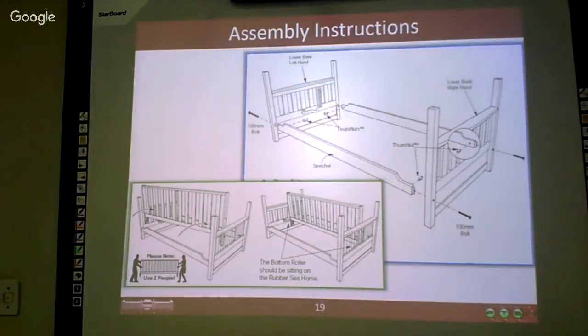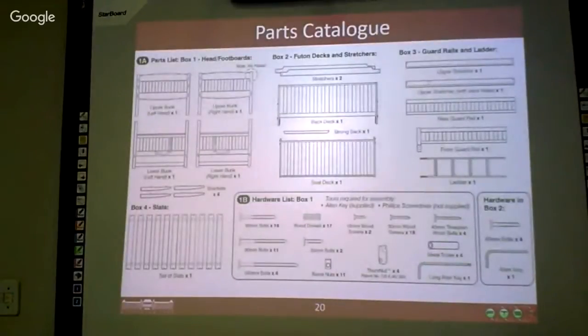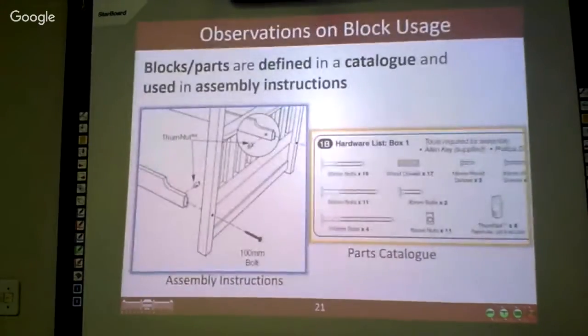There are multiple levels of these instructions. In the first part, you build something, and then you build on top of what you finished there. What you also need is a parts catalog that is provided when you buy this furniture, this bunk bed. They provide you a parts catalog that lists all the components that you can use to build your system.